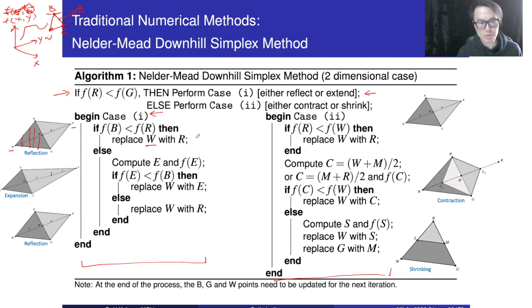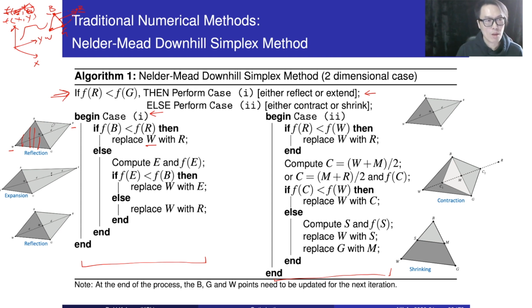Note that this is just 1 iteration. We go back to the top of this algorithm and repeat this process. Now we have BGR, and we do the relabeling and evaluate all these costs, and we assign this label to BGW.